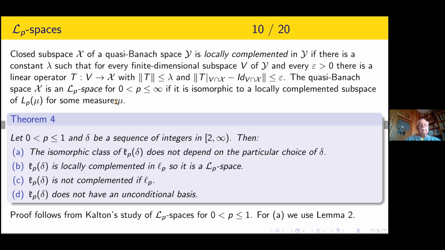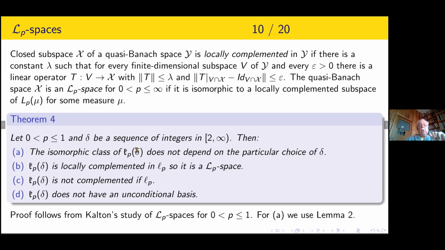We get the result that our space, this kernel, is a script LP space, and then we get this isomorphism. All the kernels we construct by this method, independent of delta, are isomorphic. Clearly, they are different if P are different.